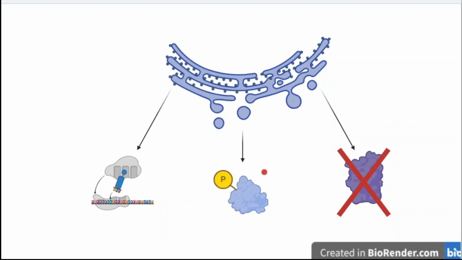The cell is not perfect. So when that happens, the RER also degrades those proteins because these can be harmful to the body. And the RER also stores calcium, and this can be important for signaling pathways, for example. So this is what the RER is important for.